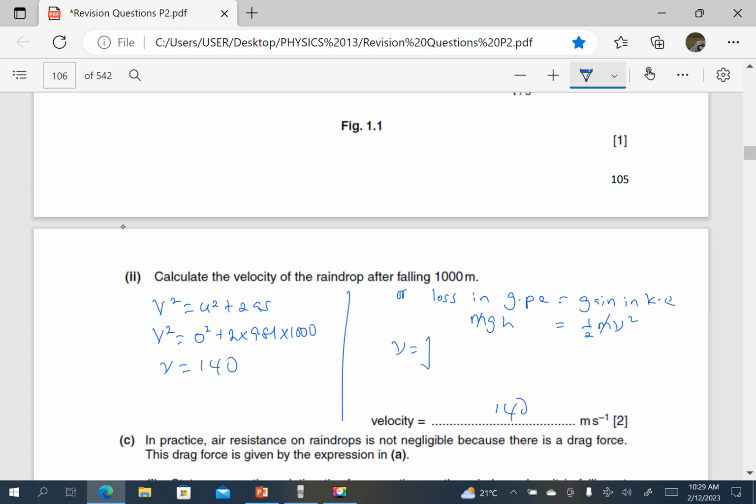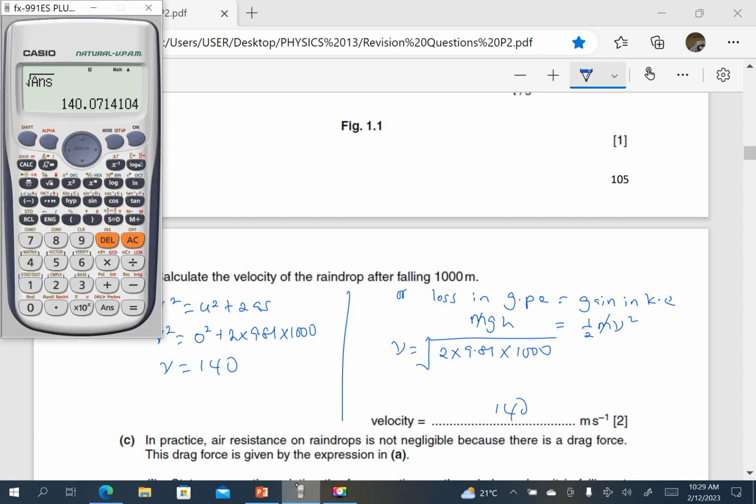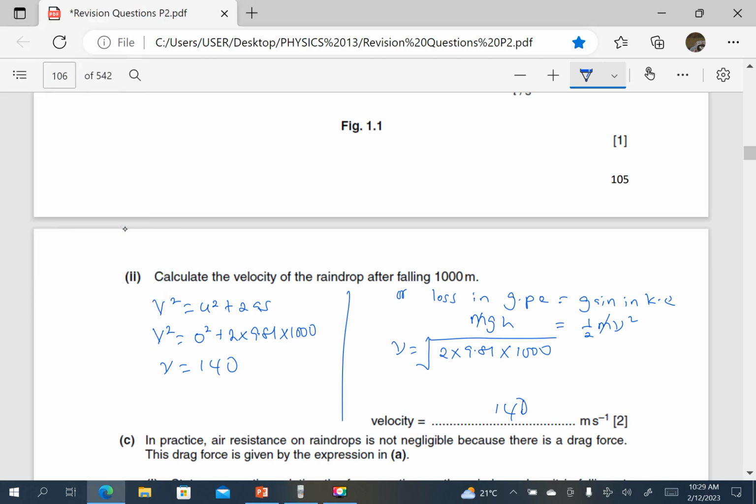So v will be equal to the square root of 2 times g, which is 9.81, times h, which is 1000. So 2 times 9.81 times 1000 under the square root. So that is 140. So the answer there will be 140.